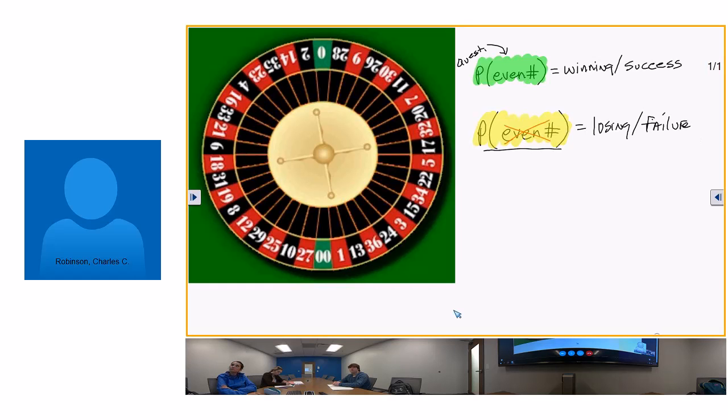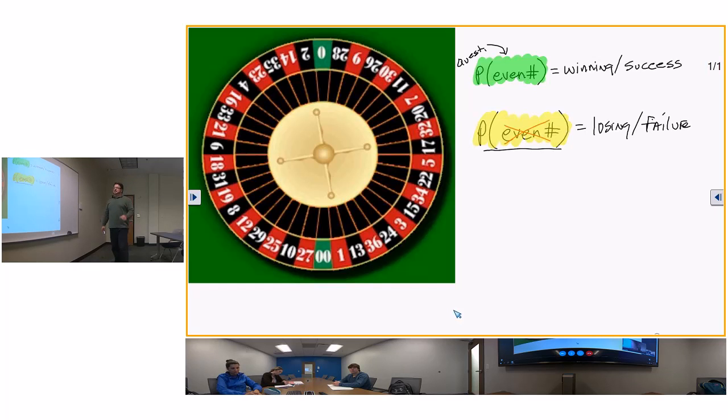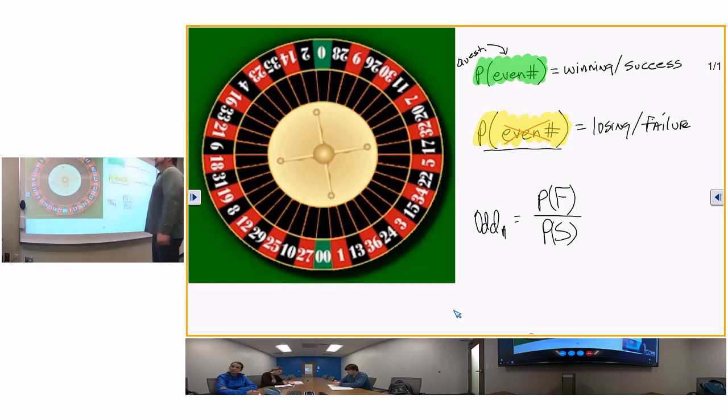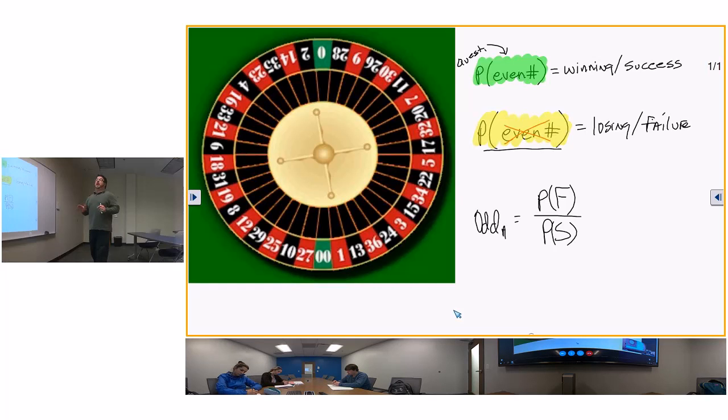Okay, what does that have to do with anything? Well, the odds against is the probability of failure over the probability of success. Now, you want to leave them as fractions also because it's easier to do the math.